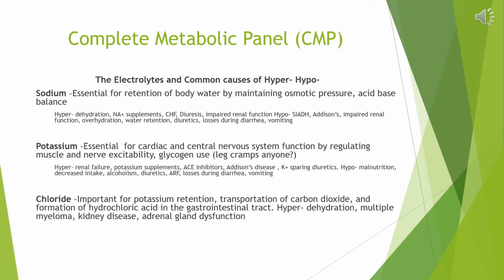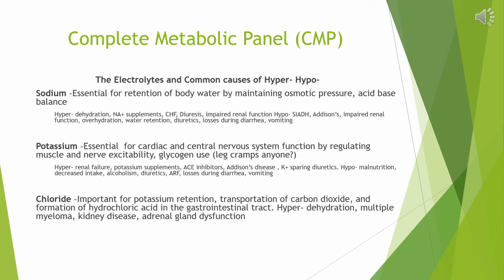You're basically concentrated, or your patient may be taking high doses of sodium supplements, in conditions such as CHF, if you have a patient that's been diuresed or is on diuretics, or if they have impaired renal function. In hyponatremia, you can see that with SIADH, Addison's, again impaired renal function, and overhydration, so it's diluted, basically. All these conditions cause dilution, water retention, diuretics, and then losses during diarrhea and vomiting.